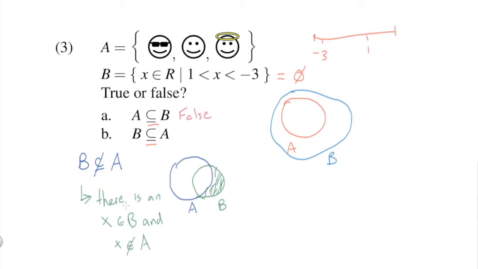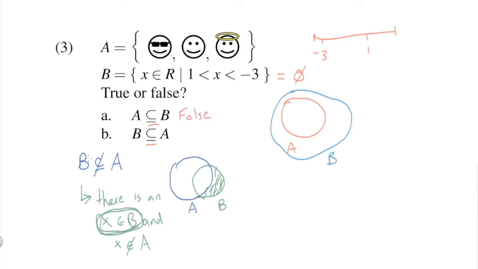But automatically we know this cannot be true. We have to satisfy this condition, but we know that this is false because there is no X in B.